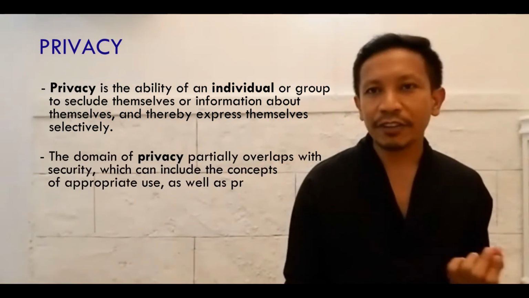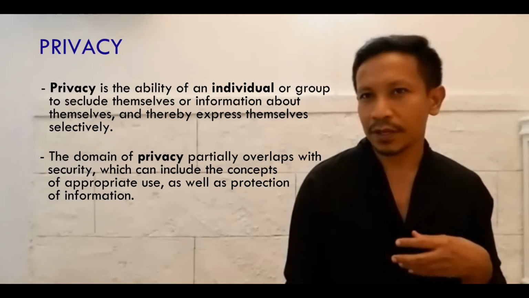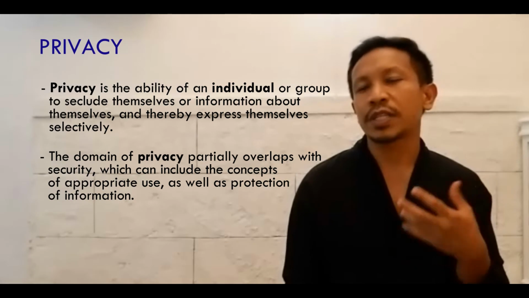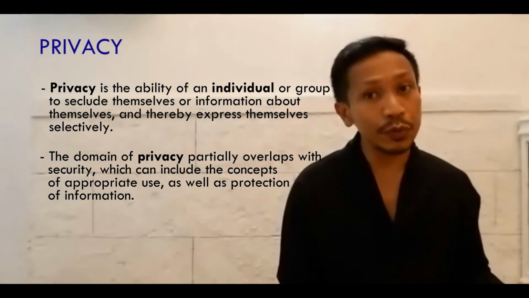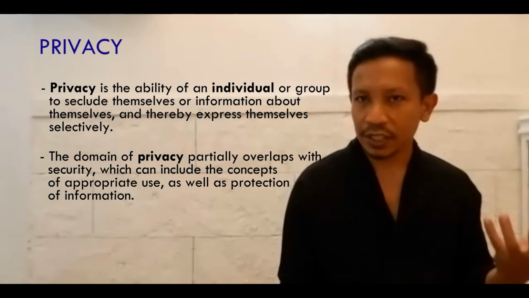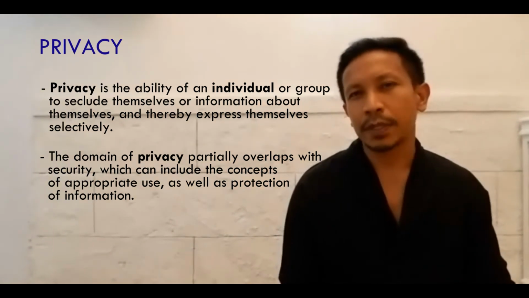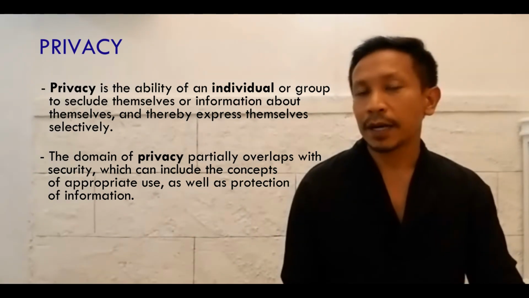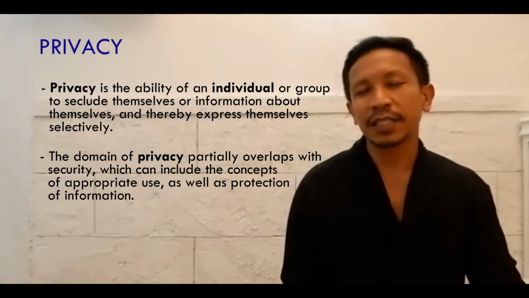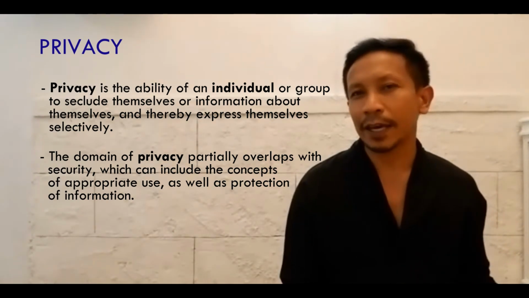The domain of privacy partially overlaps with security, which can include the concept of appropriate use as well as protection of information. So that is the overlap between privacy and security, but I think it doesn't need more explanation because it's clear there.